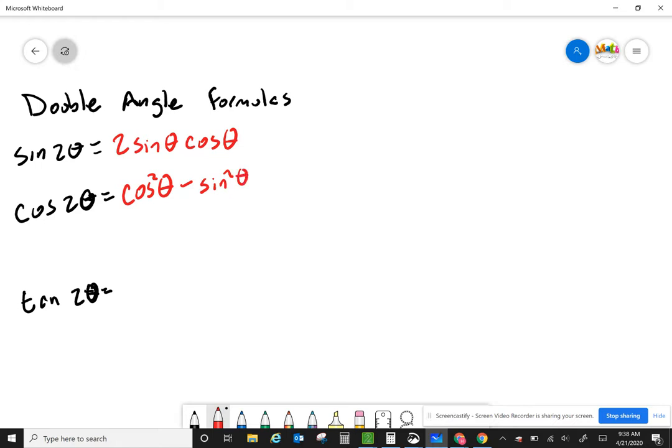I can also use 2 times cosine squared of theta minus 1. Or if I want to, I can use 1 minus 2 times sine squared of theta. Now for tangent of 2 theta, I'm going to use 2 times tangent of theta over 1 minus tangent squared of theta.